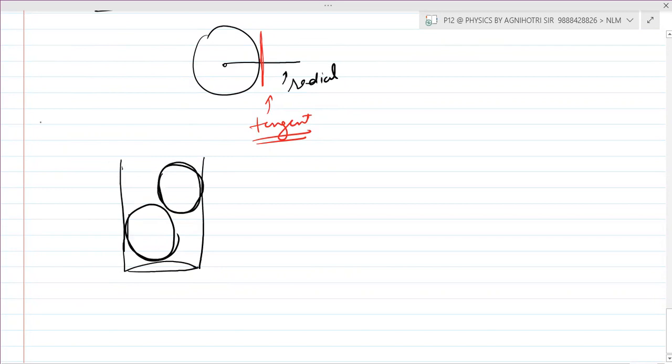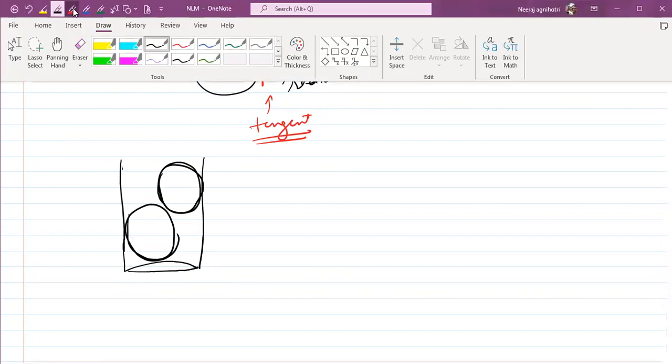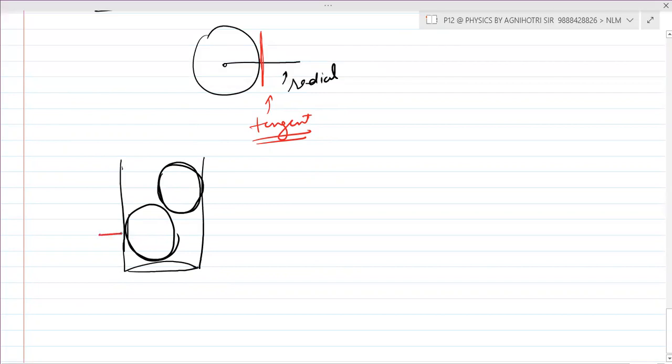Okay, so what do we have in there? Check it out. This surface will exert the force, this surface will exert the force, and this surface will exert the force. And all these forces have to pass through the origin only.